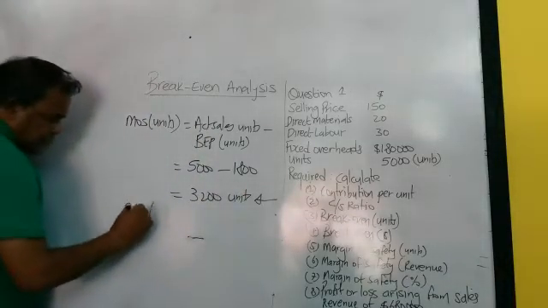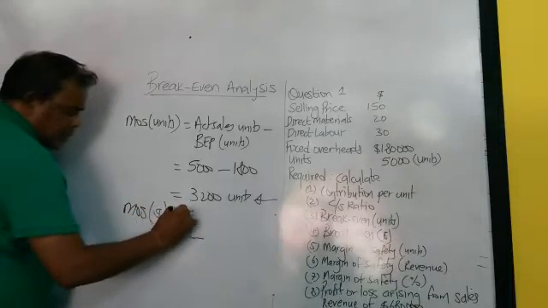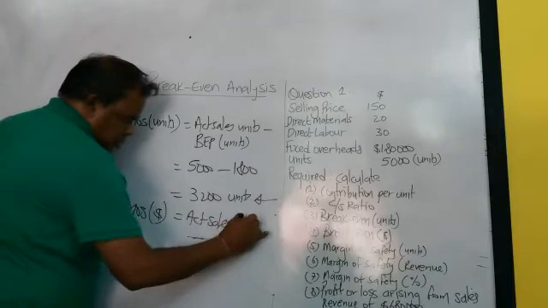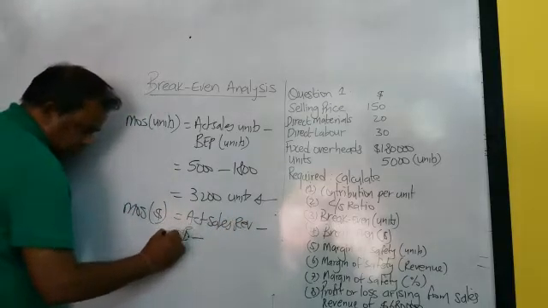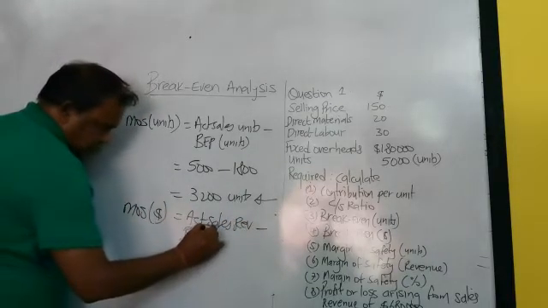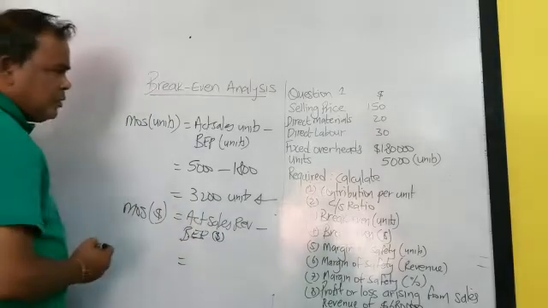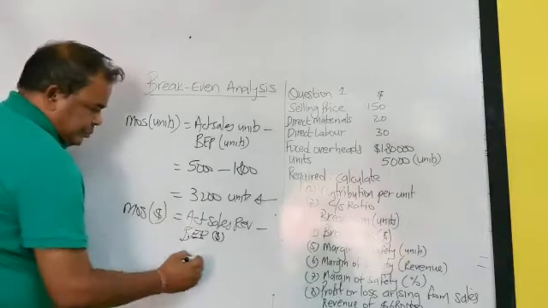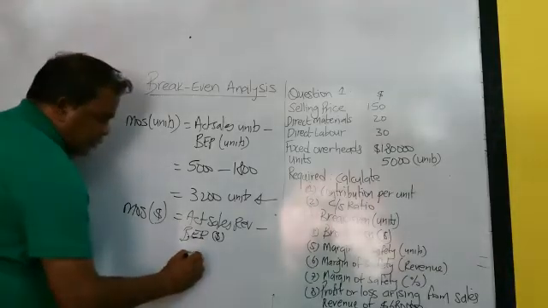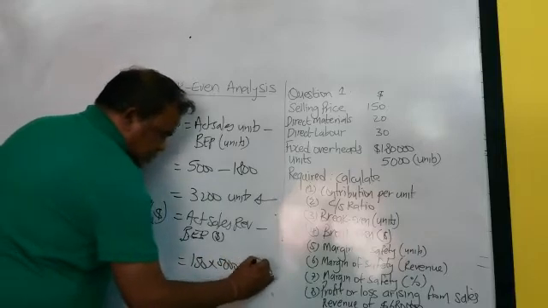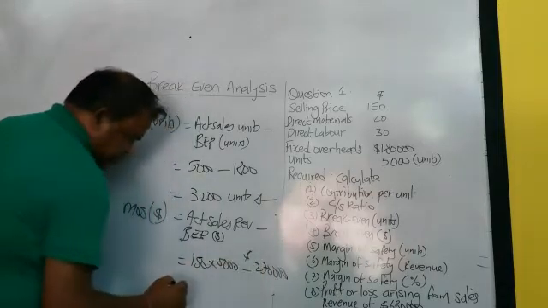Margin of safety revenue: actual sales revenue minus break-even revenue. Actual sales revenue gives us how much? 150 times 5000 minus 270,000 break-even revenue.